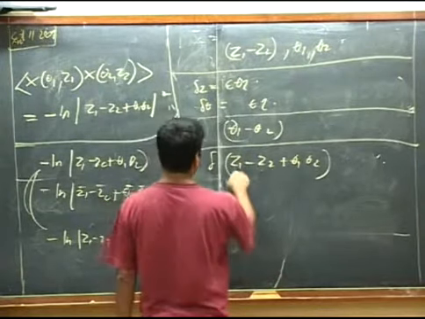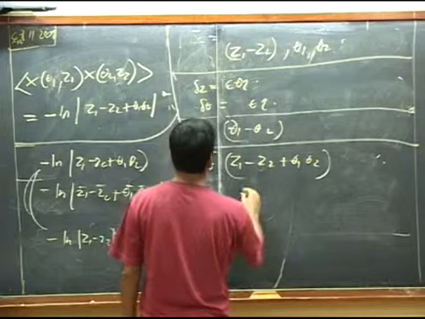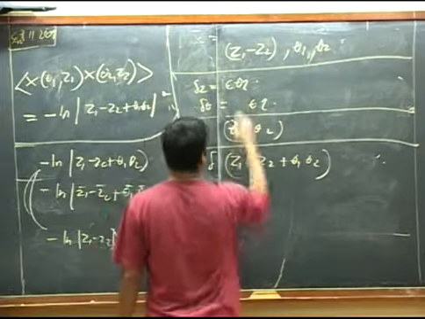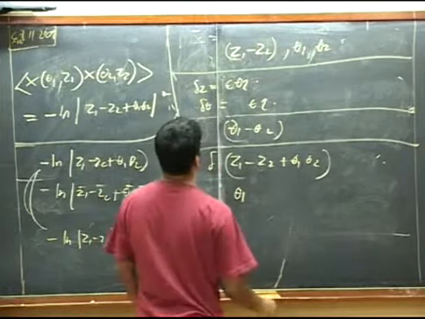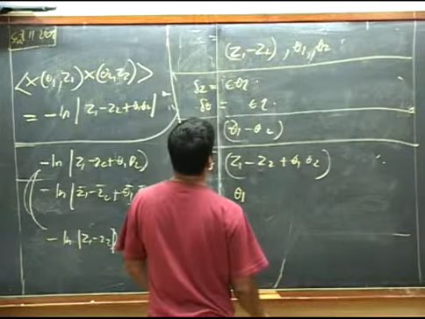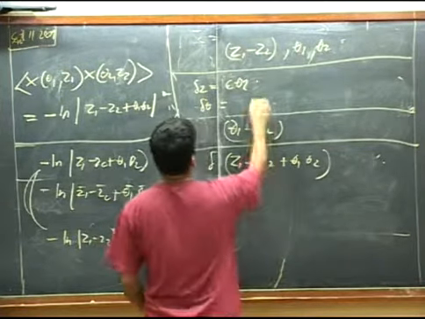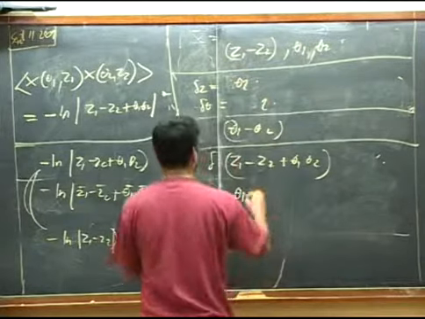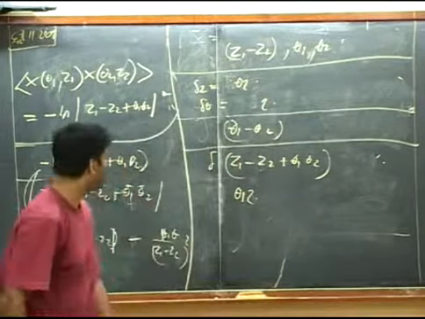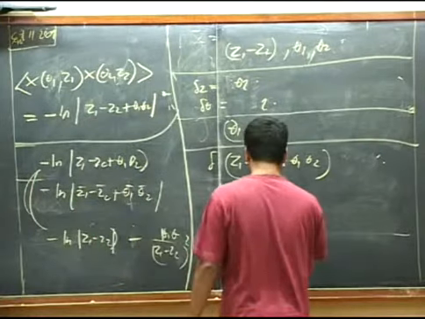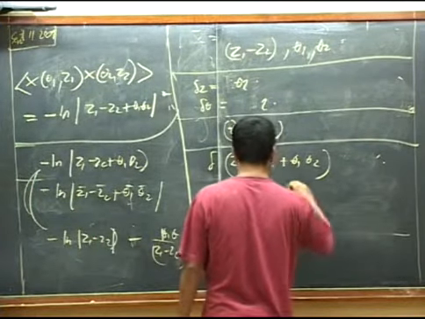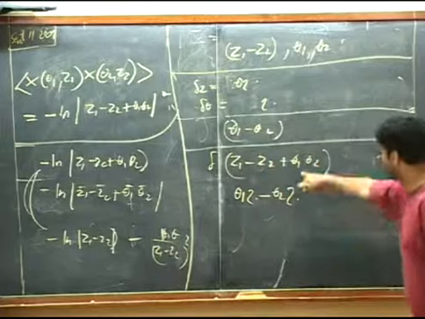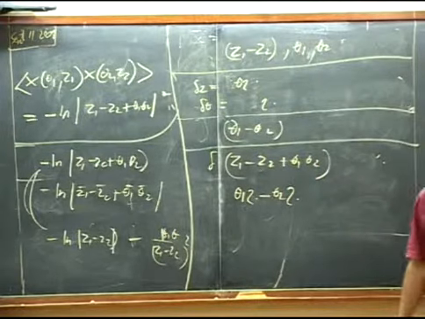So delta of this object: z1 gives us theta 1 times eta, epsilon we get rid of. Z2 gives us minus theta 2 times eta. And theta 1 theta 2 we have to be careful about.